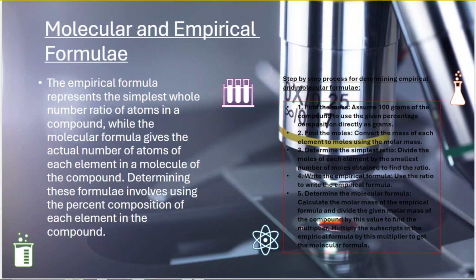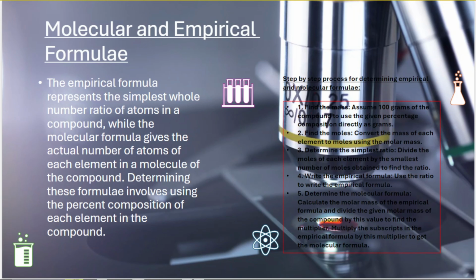So here we have the step-by-step process for determining the empirical formula and molecular formula. Step 1 states that we need to find the mass. So we assume that the mass is 100 grams overall of the entire compound, and use the percentage composition directly as grams.